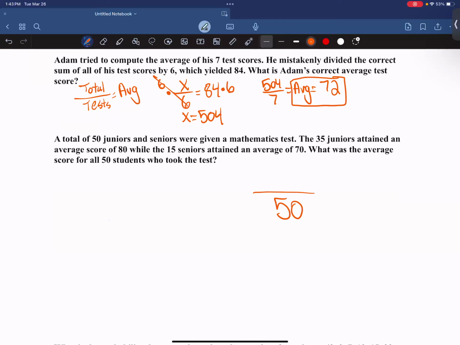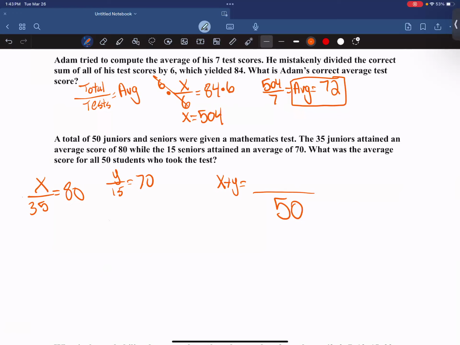Well, we know that some number divided by 35 gives us 80, and we know some other number divided by 15 gives us 70. If we get those two numbers, then we can add them together, kind of like what we did in the first one.